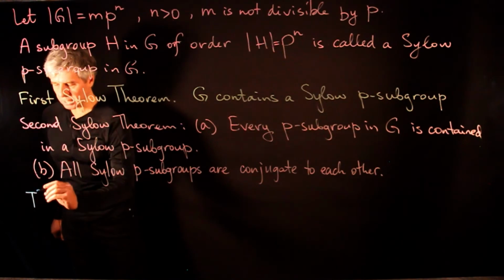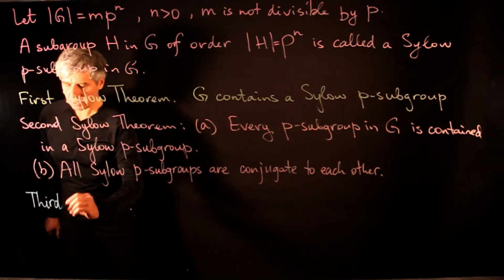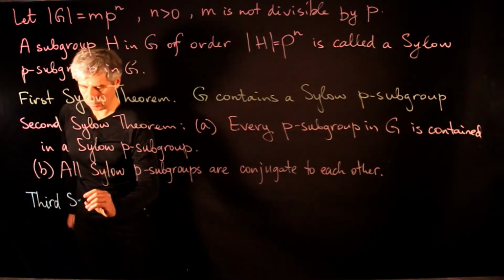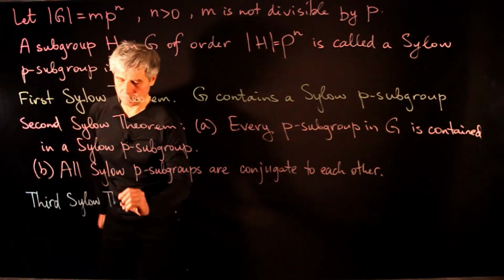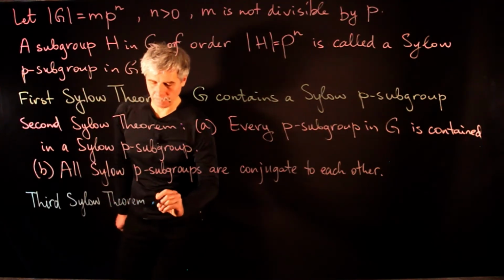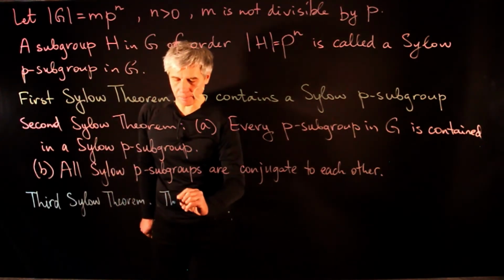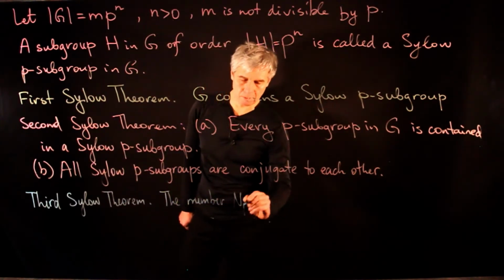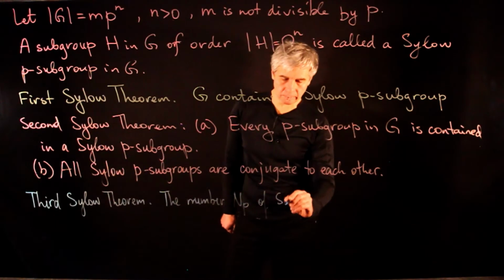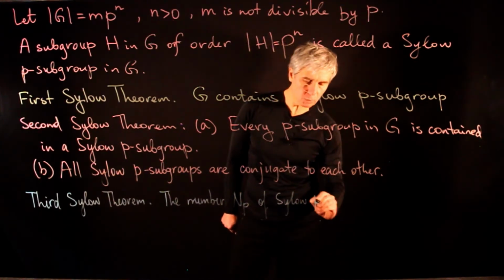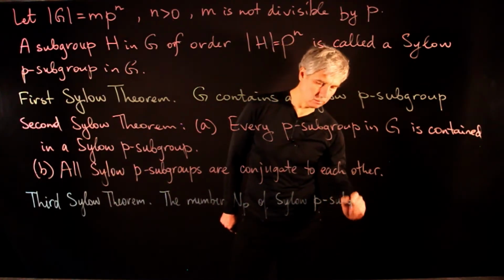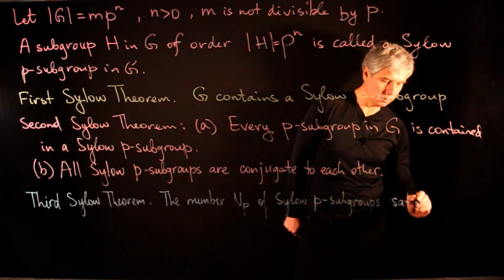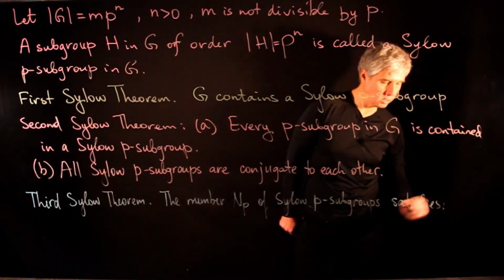And the third Sylow's theorem tells us how many Sylow subgroups there are. It says that the number n_p of Sylow p-subgroups satisfies the following two relations.